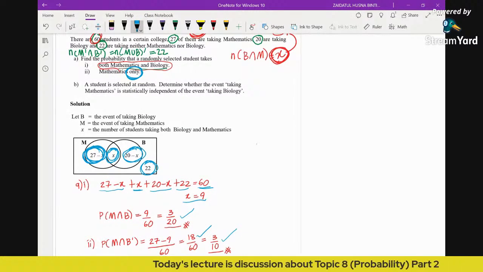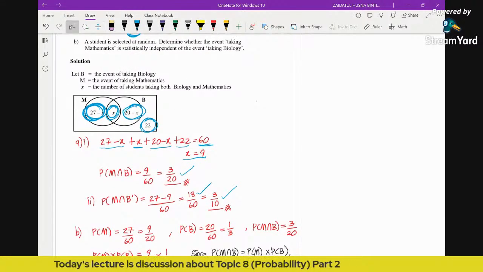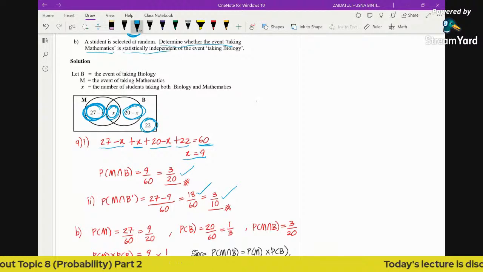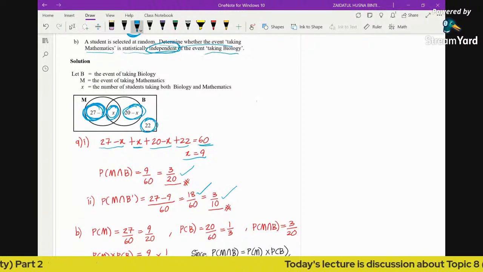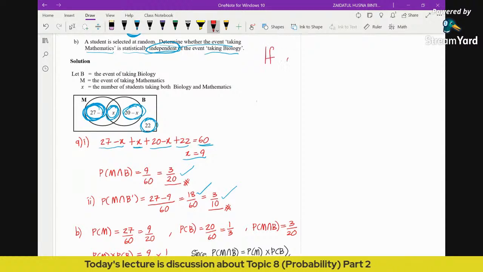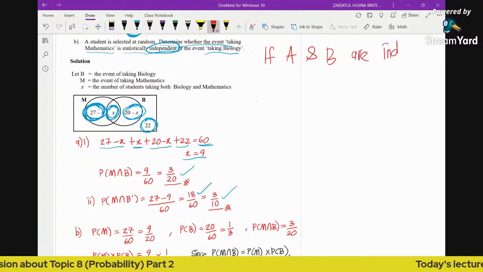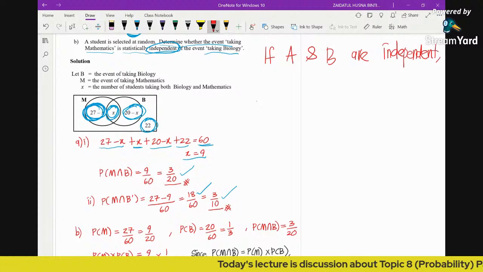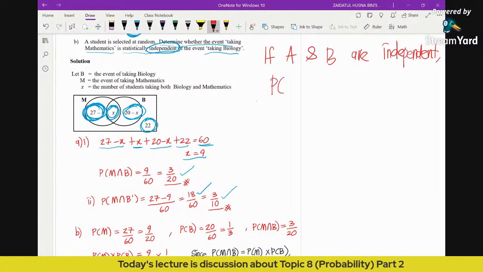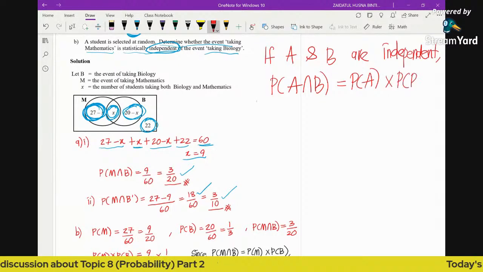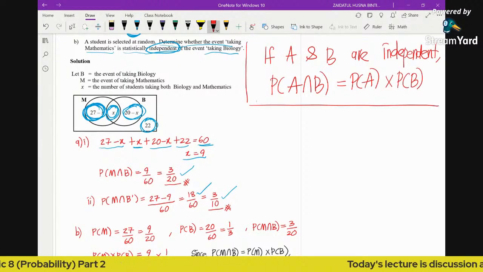Okay, now the question asks, a student is selected at random. Determine whether the event taking maths is statistically independent of the event taking bio. So just now we discussed the independent events. If A and B are independent, we can say that probability of A intersect B is equal to probability of A multiplied by probability of B. Now this is the general statement.